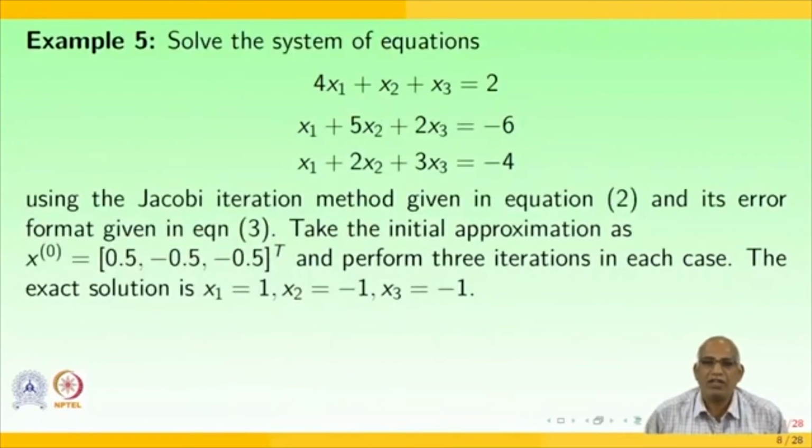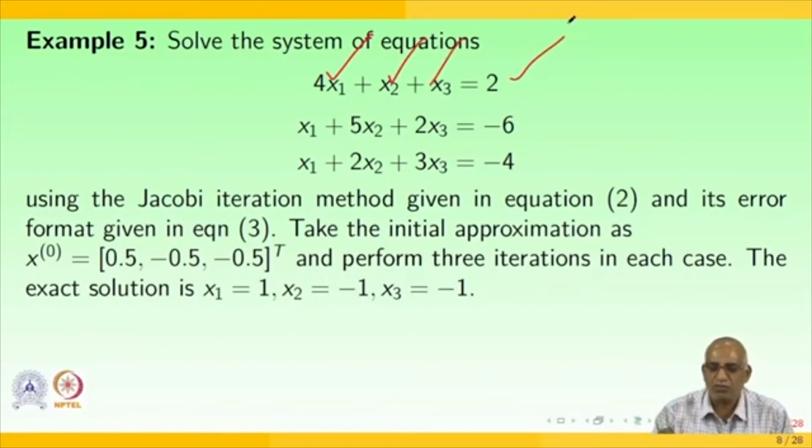Now let us look into a few examples where we can find practical applications. Look at this: 4x1 plus x2 plus x3 is 2, x1 plus 5x2 plus 2x3 is minus 6, x1 plus 2x2 plus 3x3 is minus 4.